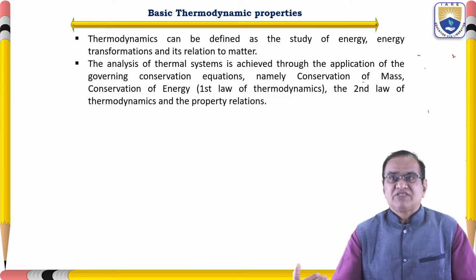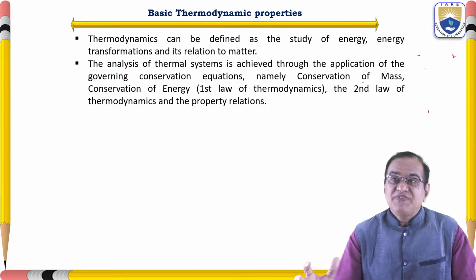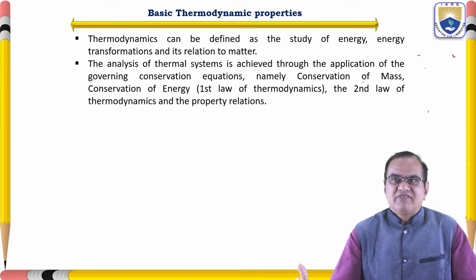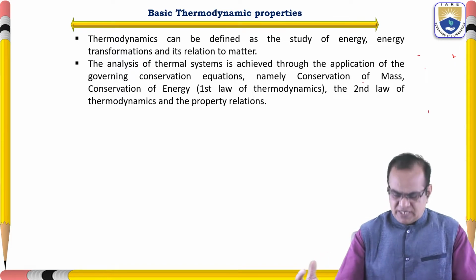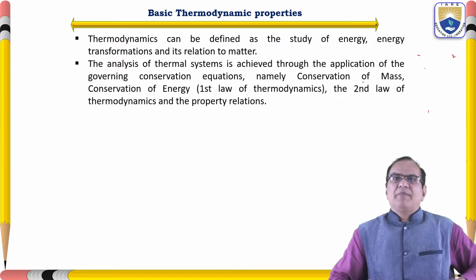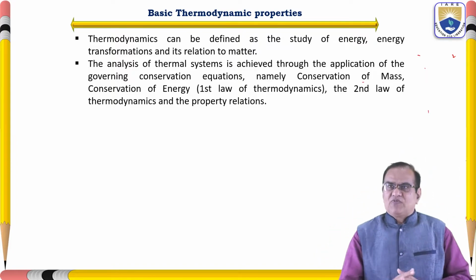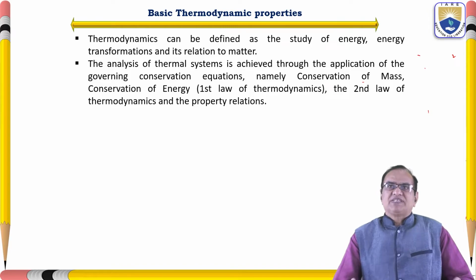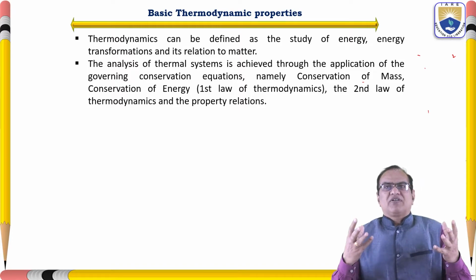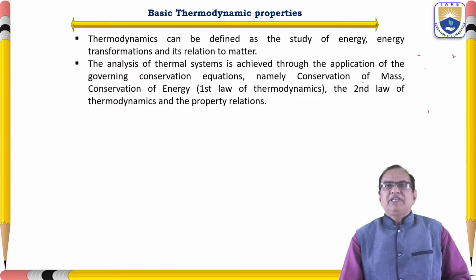Conservation of energy in thermodynamics we call the first law of thermodynamics, and the second law of thermodynamics gives the efficiency of the system, and its property relationships. All three governing equations are used in thermodynamics.